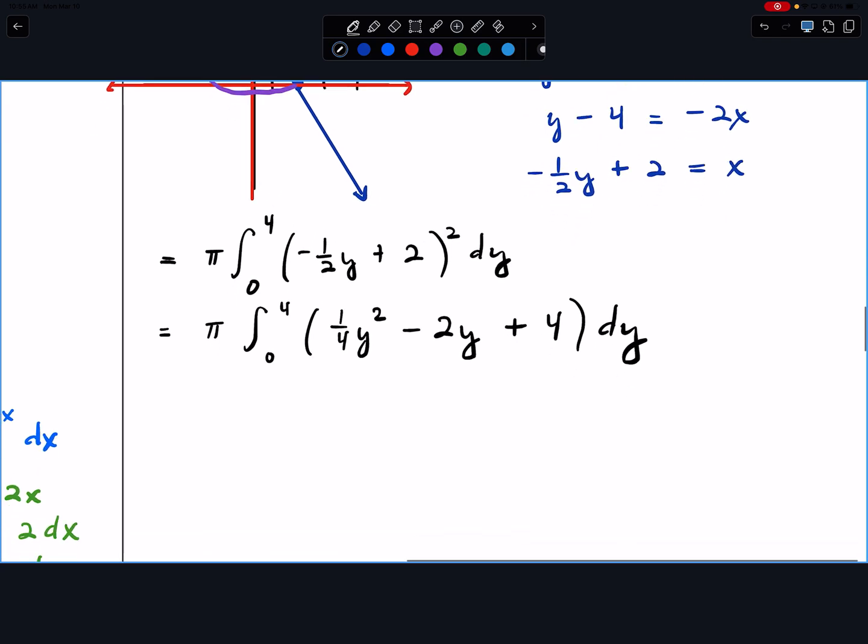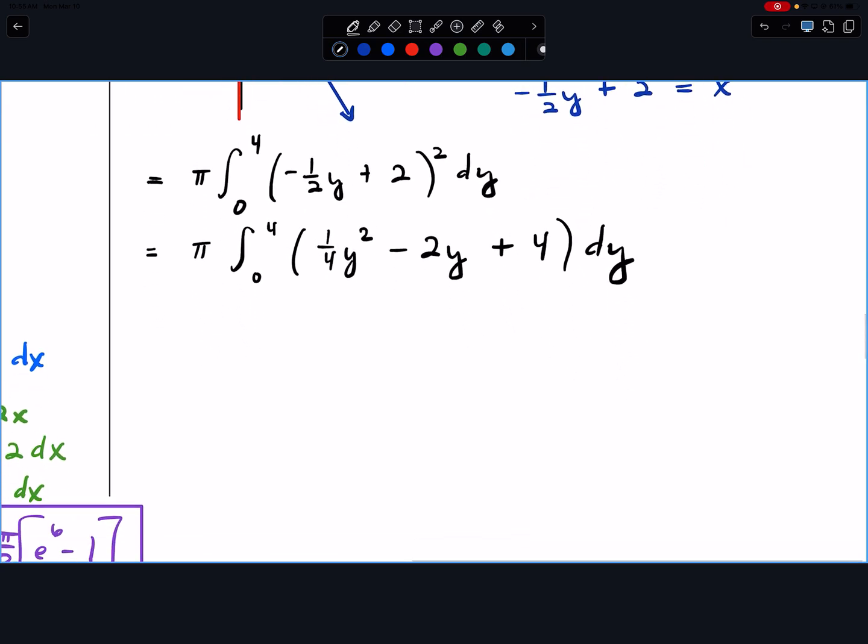Okay. So if we're integrating this now, remember you're going to add 1 to the power and then divide by the new power. So this is going to be pi times y cubed over 3. But since I'm multiplying by 1/4, it's going to be y cubed over 12.